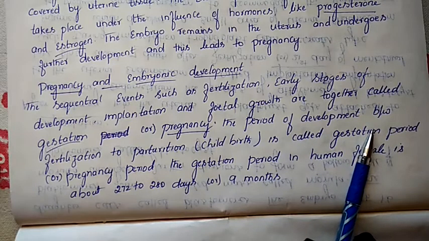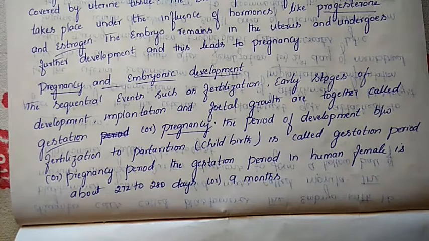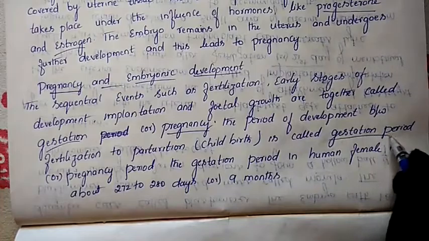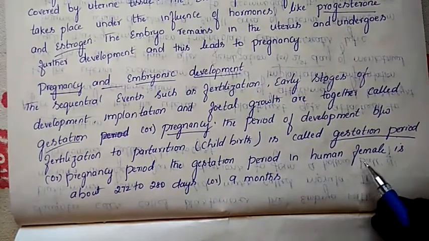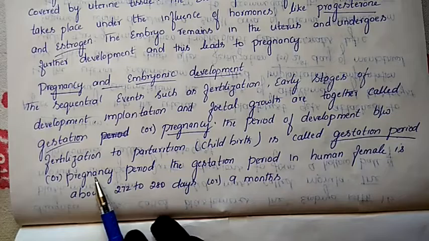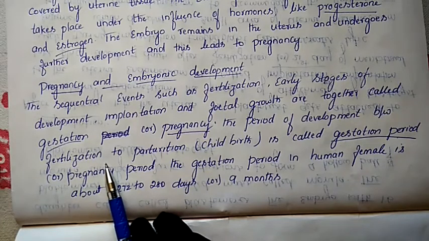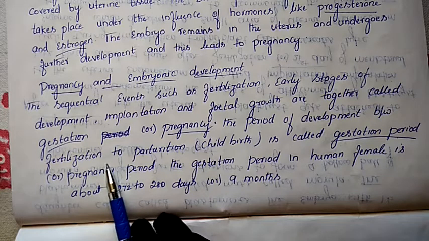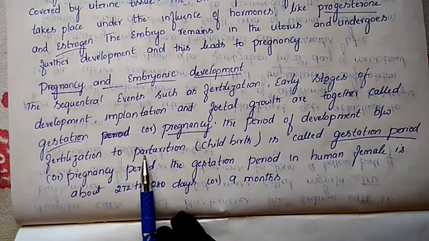It starts from fertilization, where the male and female gametes fuse, and goes up to parturition, when the delivery takes place and the baby comes out from the womb of the mother.